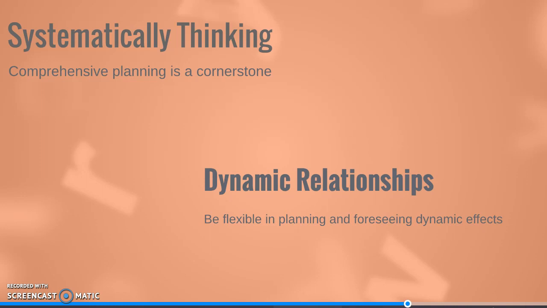Dynamic relationships are to be flexible, with planning and foreseeing of the dynamic effects. These are the two aspects that we talk about in this chapter, and they are increased or decreased depending on the demands placed on the system components.